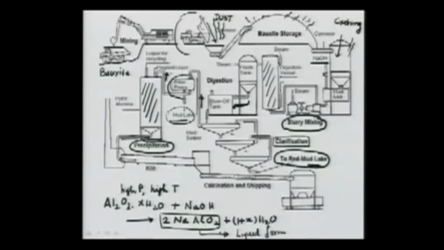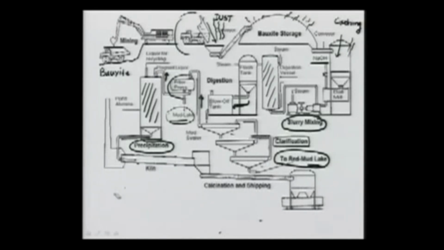In fact, this liquor is also called pregnant liquor. Why do we call it pregnant liquor? Because it's pregnant with the sodium aluminate. And now the idea here is to precipitate out the aluminum hydroxide, and we'll see how this is done. So what I'll do is I'll remove this in the precipitator. What we do here is that this sodium aluminate, so let me write the reaction here as to how this precipitation is made possible.